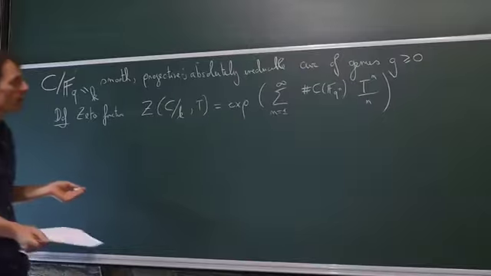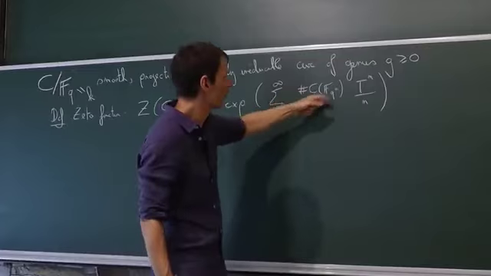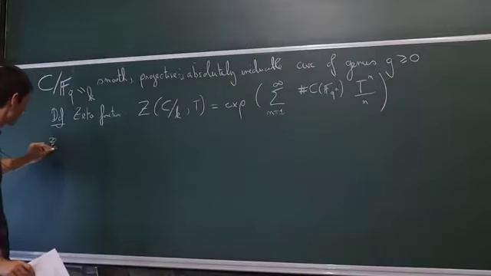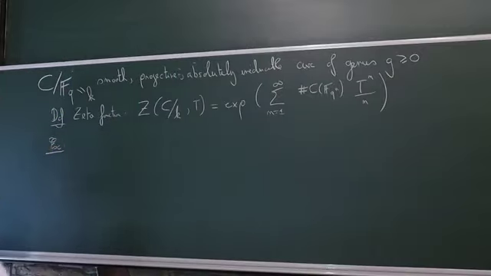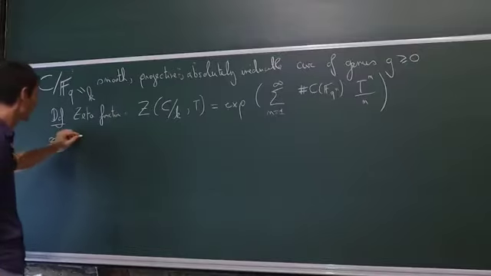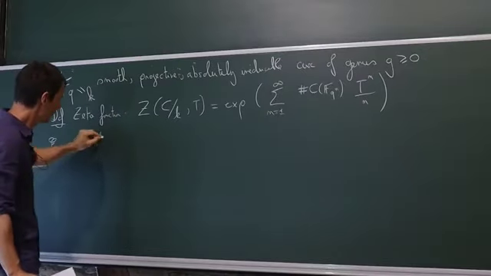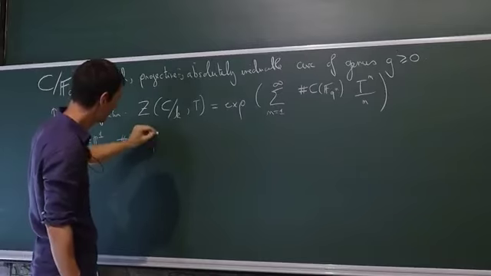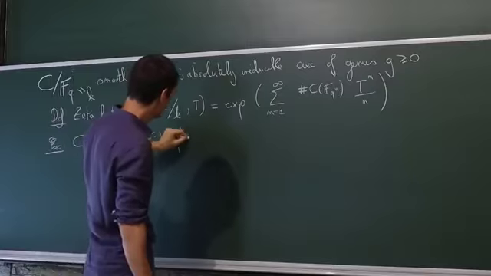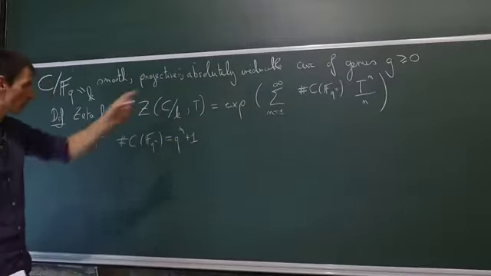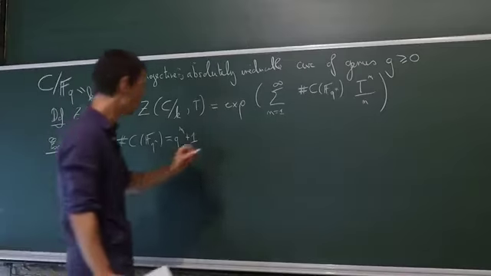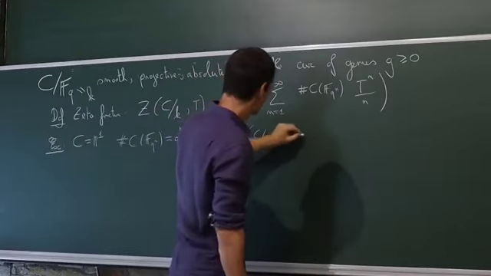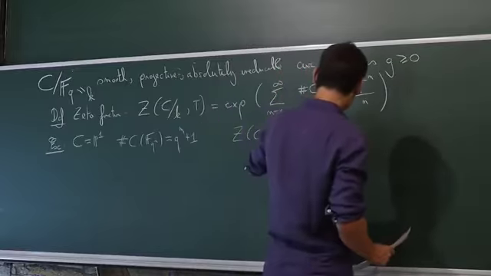But then, you could have said, why didn't you just put the sum of this times t to the n? There is one reason first, but let me show you on an example what it does if I take the case of P1. So if I take P1, we know that the number of points over any extension of P1 is q to the n plus 1. And now if you plug this inside this formula, what you observe is that this is going to be an exponential.